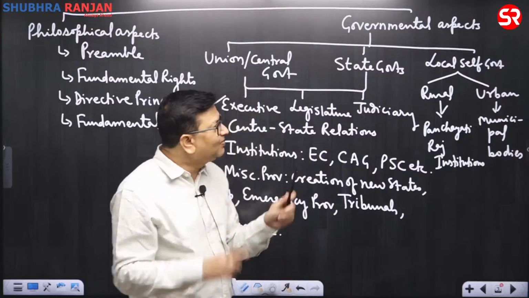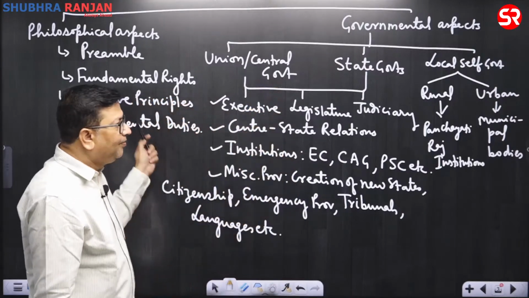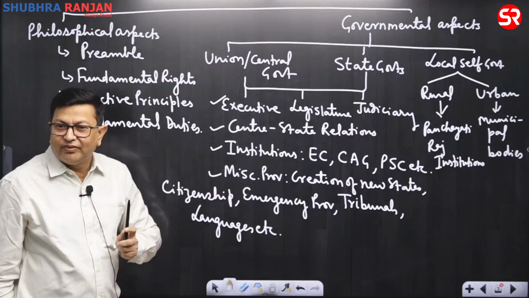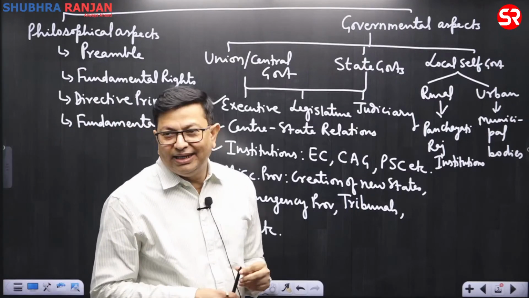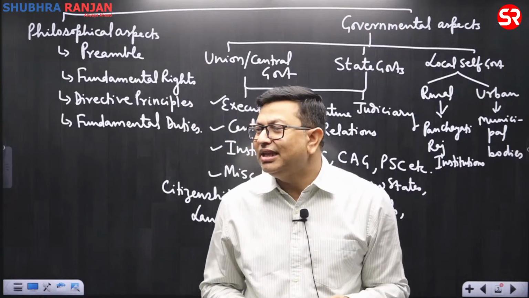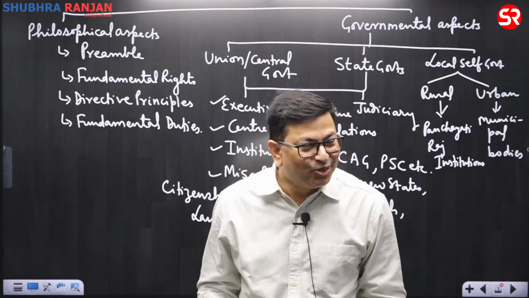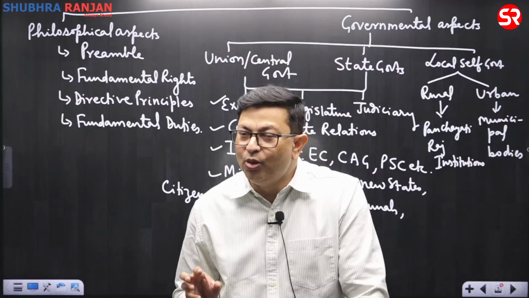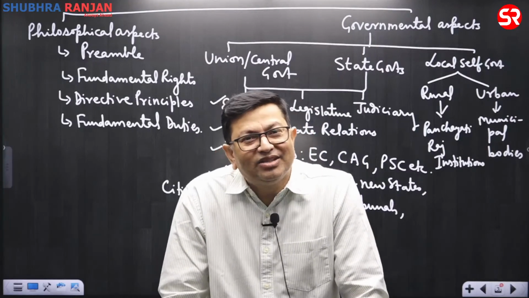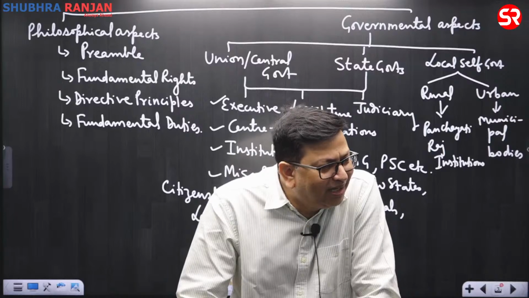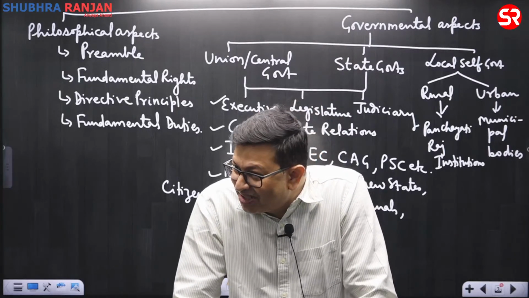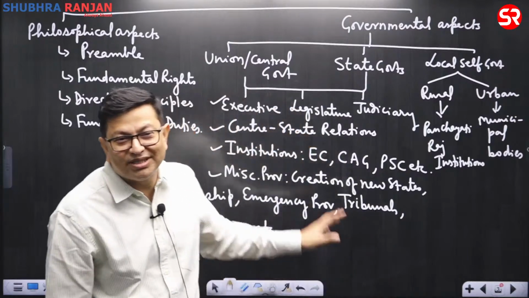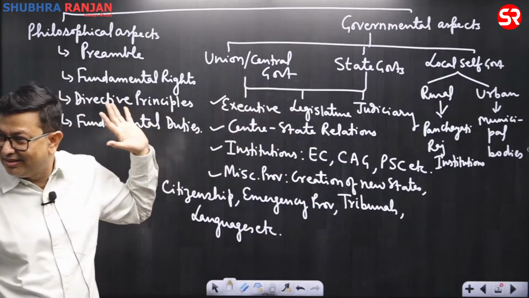Now, this is basically the structure, or we can say the synopsis of the topics that we are going to discuss in the coming class. So those of you who had entered this class with a question in your mind that what we are going to discuss in the Indian polity section, this is your synopsis, this is your syllabus.